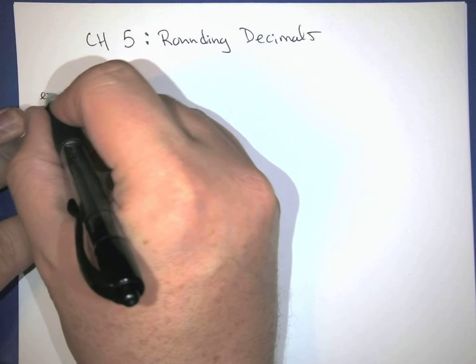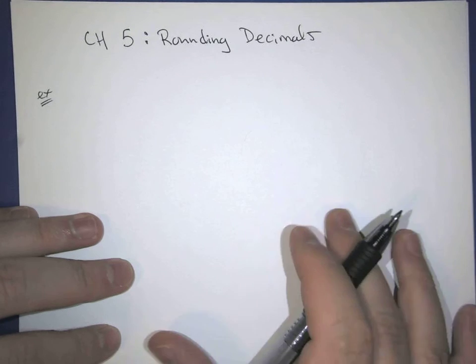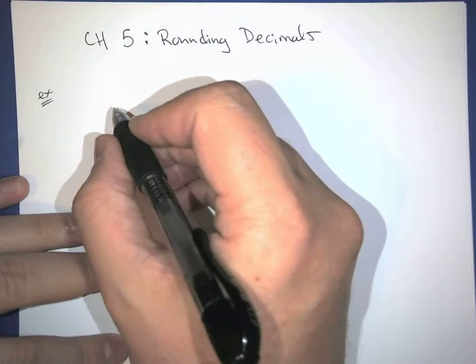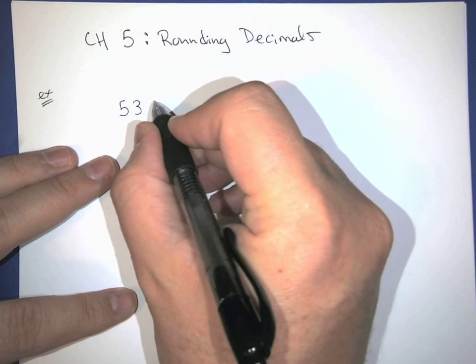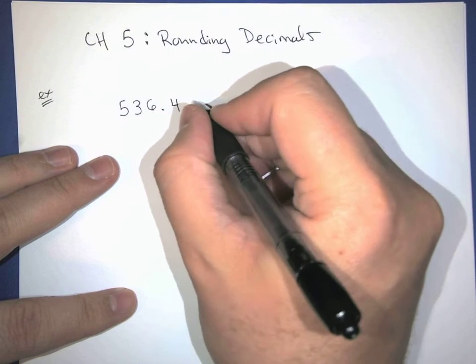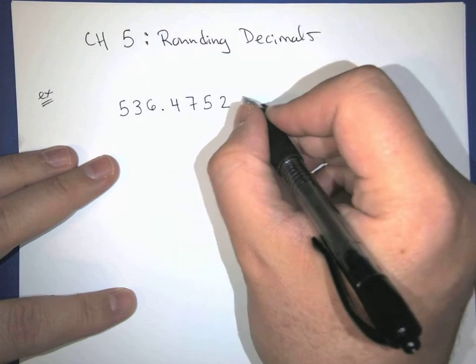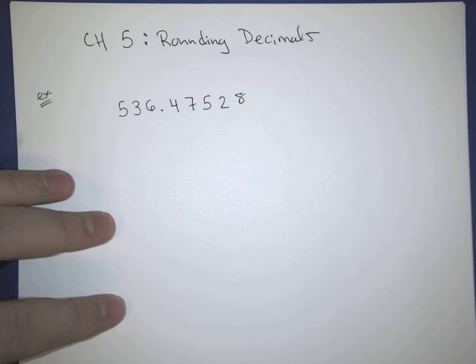Let's put an example number down, and we'll talk through the process of rounding it to a certain number of places. So, I don't know, 536.47528 or something, let's say.